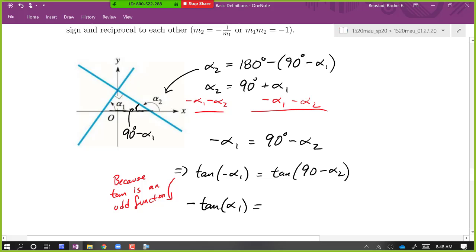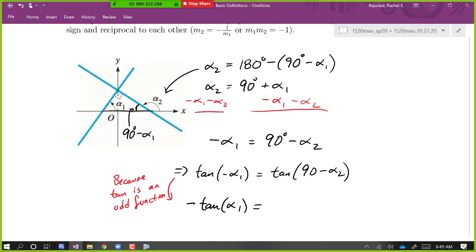On the other side, we're going to use another fact about tangent and how it's related to cotangent. On the one hand, tangent and cotangent are reciprocals of each other. However, a function and its cofunction, so tan and cotan, or sine and cosine, or secant and cosecant, are cofunctions because they agree on complements. So tangent of 90 minus alpha 2 is equal to cotangent of the complement.